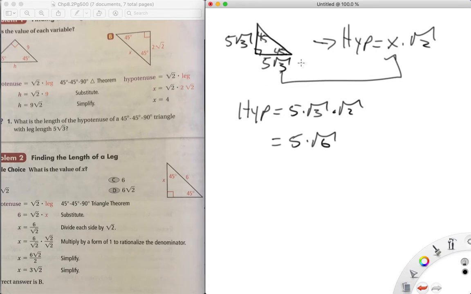And I can't simplify that any further, so I'm done: 5 times the square root of 6. Remember that when you multiply square roots with different numbers underneath, that's the same thing as the square root of 3 times 2.